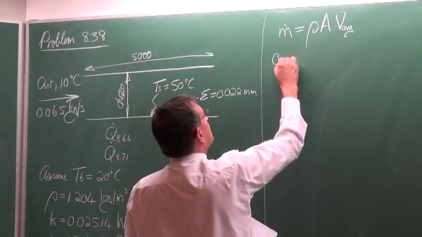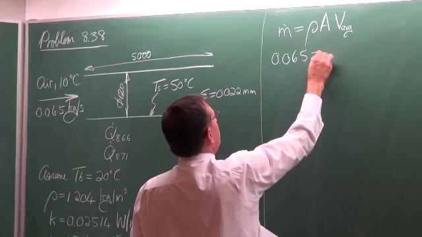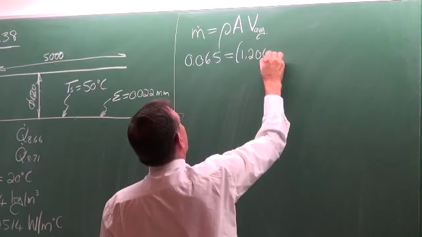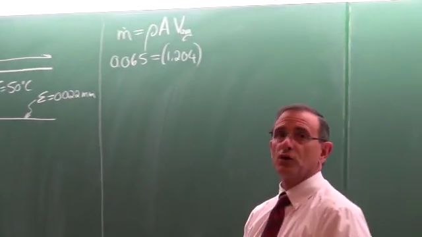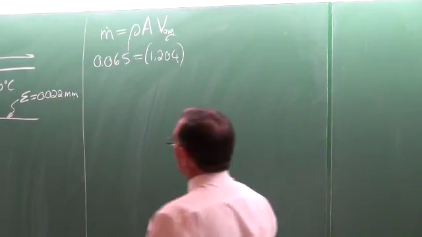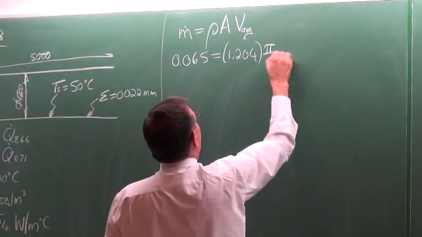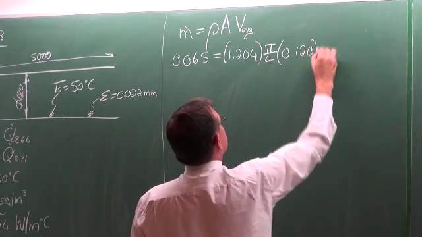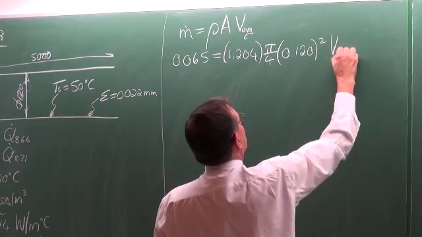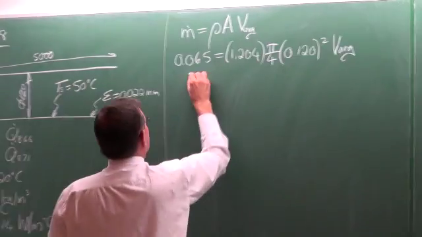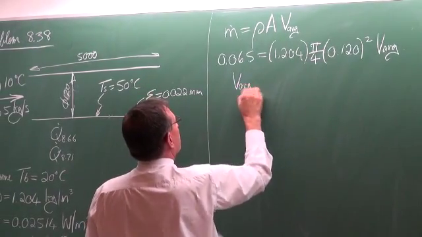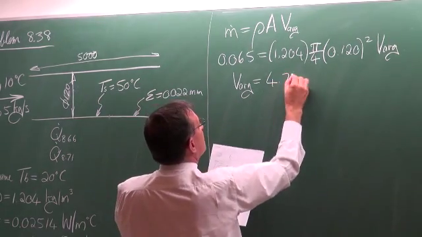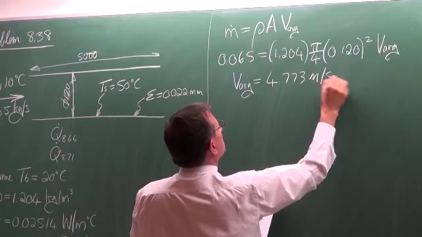The mass flow rate is given as 0.065 equal to the density, which is equal to 1.204, multiplied by the cross-sectional area through which the flow occurs, pi divided by 4 multiplied by 0.120 squared, multiplied by the average velocity, and you can go and solve the average velocity as 4.773 meters per second.